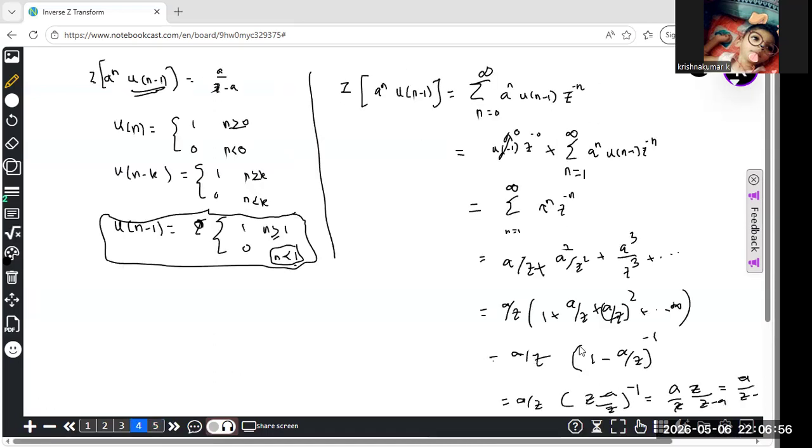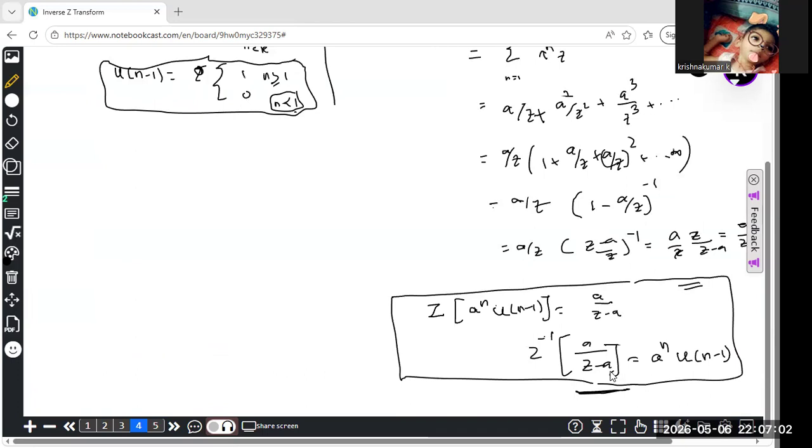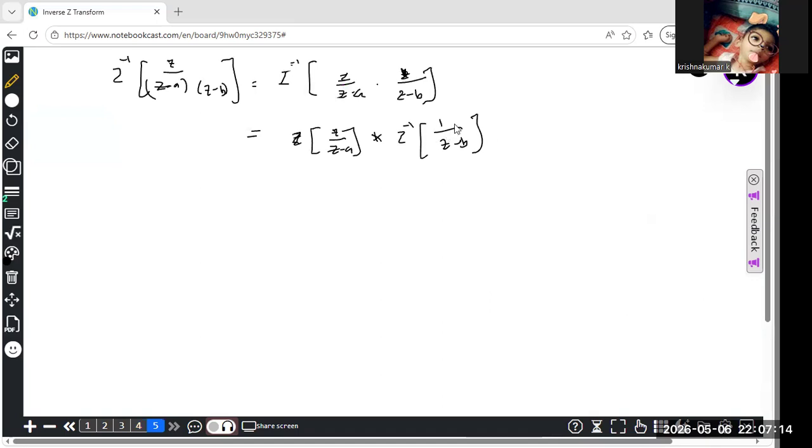Inverse z transform of a by z minus a is equal to a power n into u of n minus 1. So if you have this expression, we can use this one. Here in the numerator, the b is absent, so we will just multiply and divide by b. Then this expression becomes 1 by b into inverse z transform of z by z minus a, star, inverse z transform of b by z minus b.